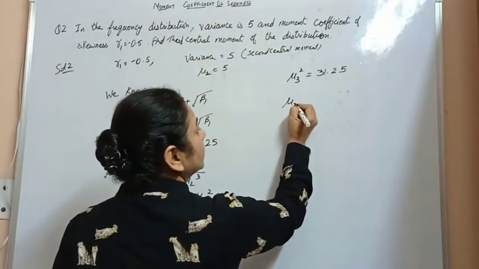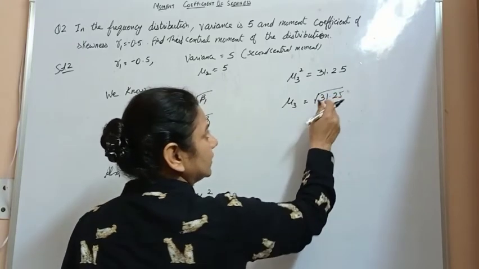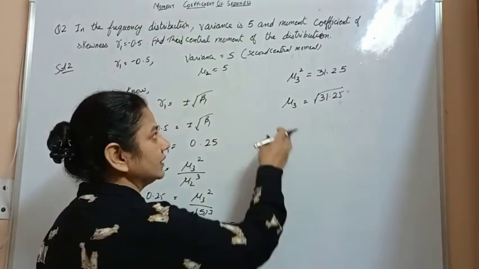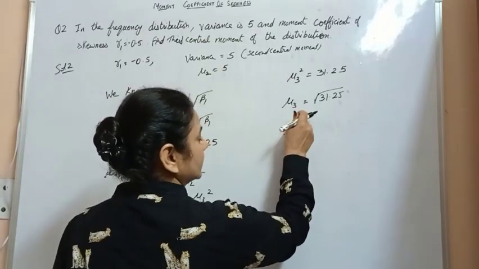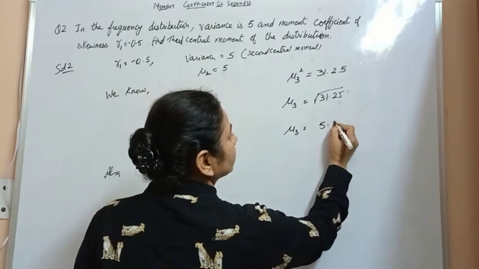First you have to calculate the square root of this. Taking the square root of 31.25, you will get the third central moment as 5.59.